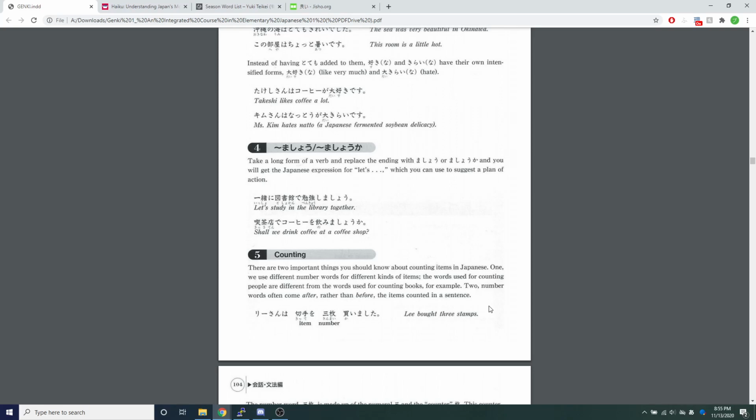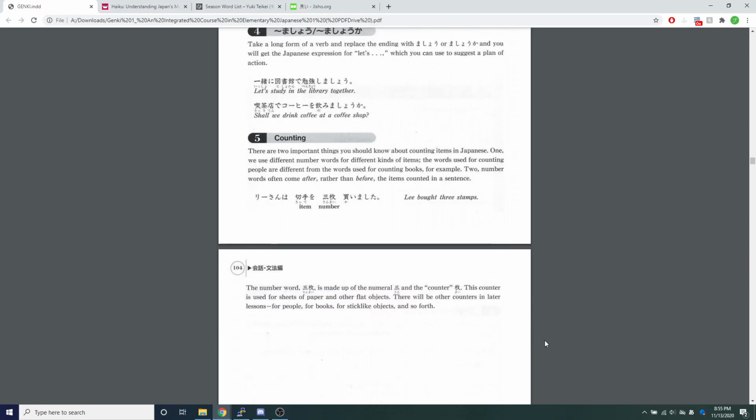Okay. Next in this chapter is counting. Counters. So, counters are something that often frustrates people. People seem to think that this is an exclusively Japanese thing. So before we get into that explanation, let's look a little bit at how they work.